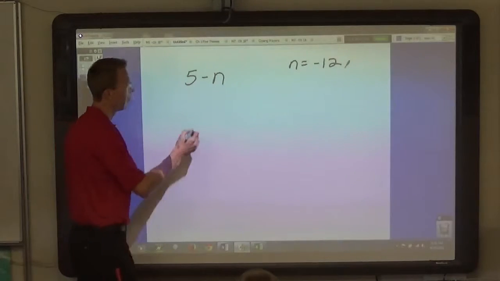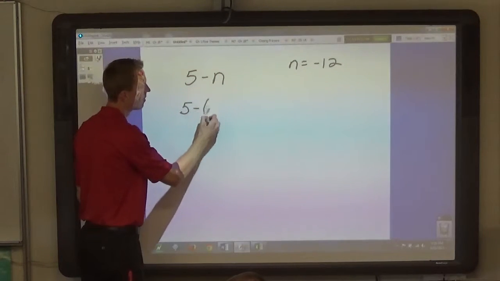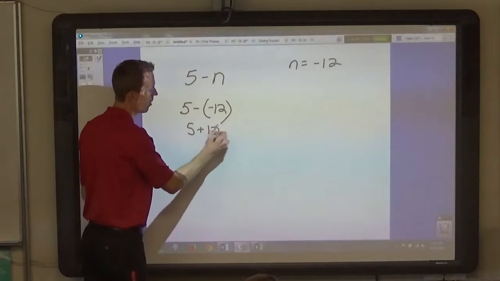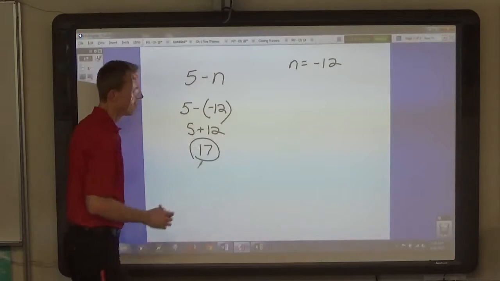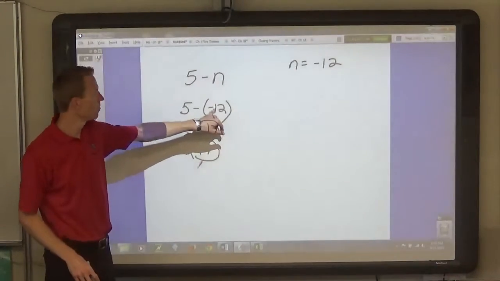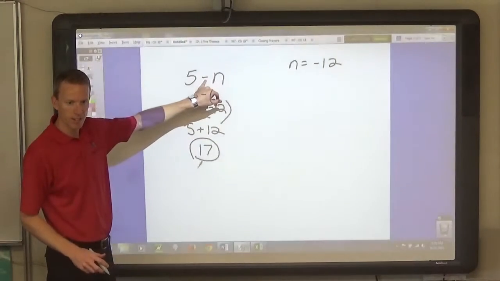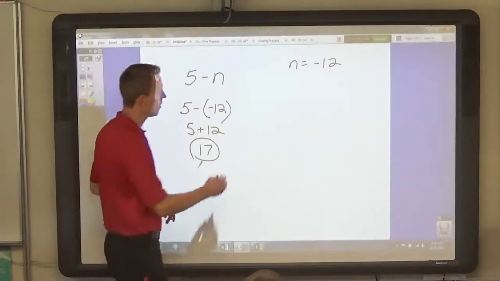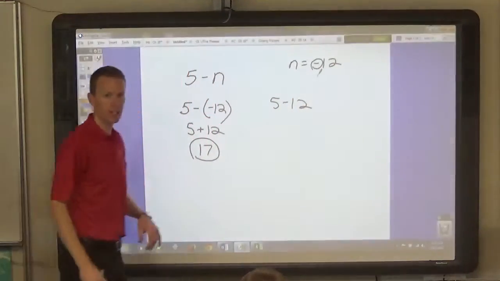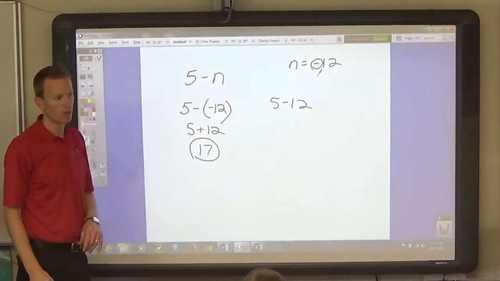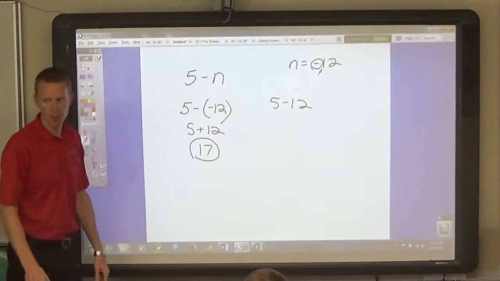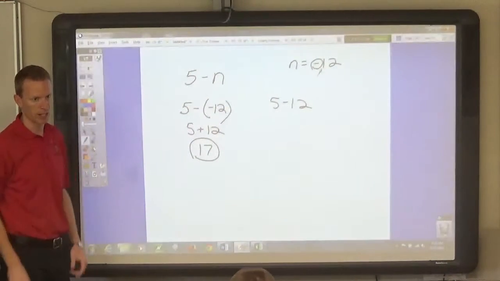Yeah, it's 5 plus 12 because 5 minus parentheses negative 12 is 5 plus 12. But if you didn't use parentheses, or if you already saw this minus sign, you might think of this as just being 5 minus 12. And you'll miss one of the negative signs. Okay? So that's why it's really important to remember to substitute using the parentheses around it.